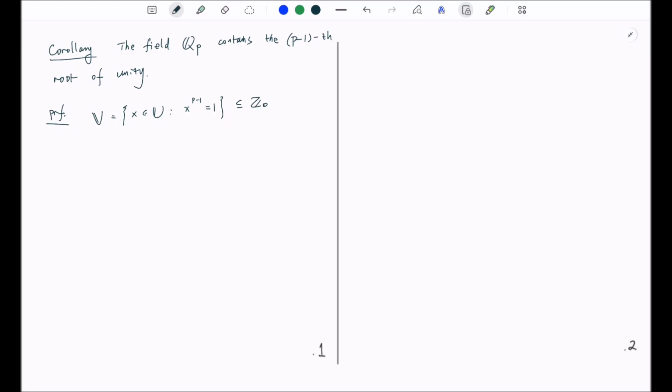And this is contained in Zp, and is in turn contained in Qp, because Qp is by definition the field of fractions of Zp. And we have proved in the previous proposition that this is isomorphic to Fp star. So in particular, the generator of this group, which is the (p-1)-th root of unity, is contained in Qp.